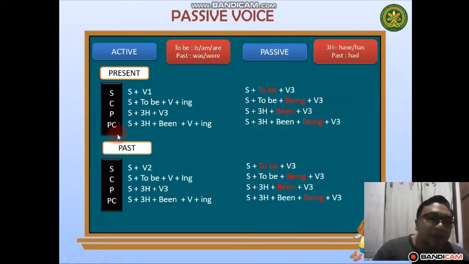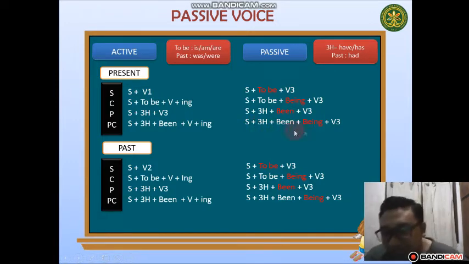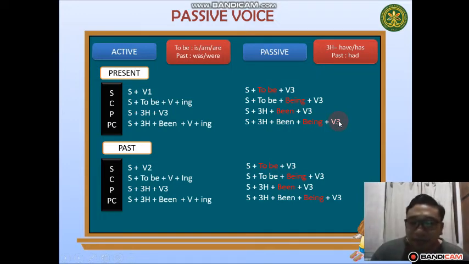And for perfect continuous, it is subject plus 3h plus been plus verb-ing. So for the passive, use subject plus 3h plus been plus being plus verb 3. And also you have to remember to put by.